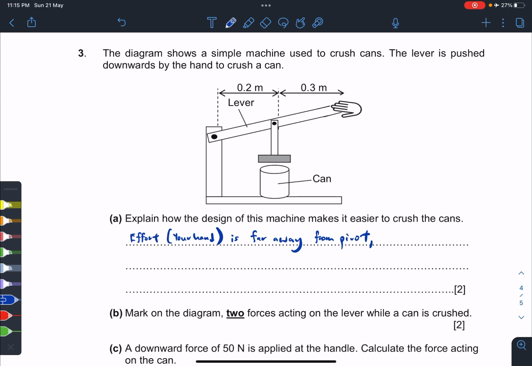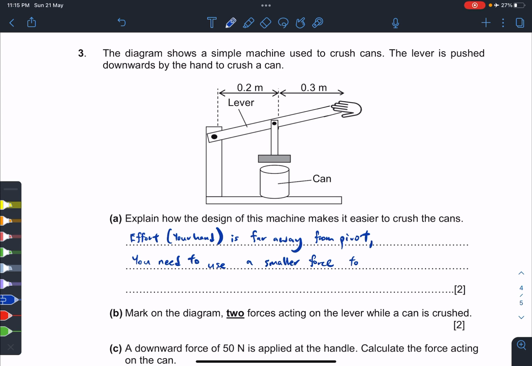This will result in you using a smaller force. So the second point we're looking out for is, as a result, you require a smaller force.